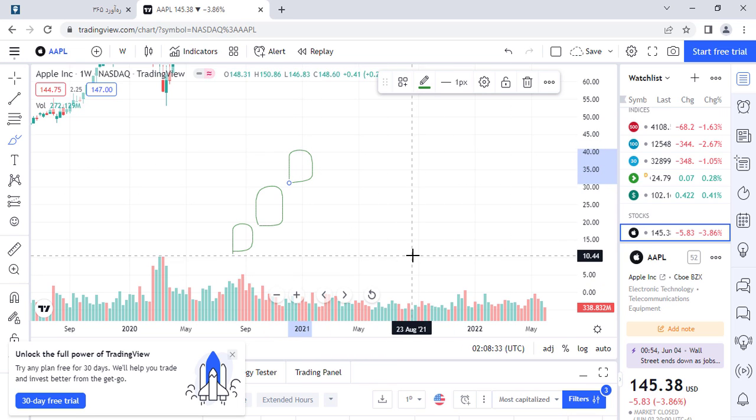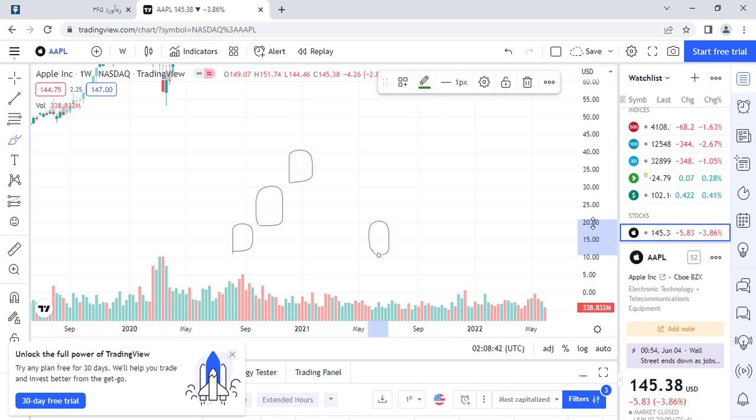In linear scale, I'm sorry, in logarithmic scales, the price starts from 10 to 20.